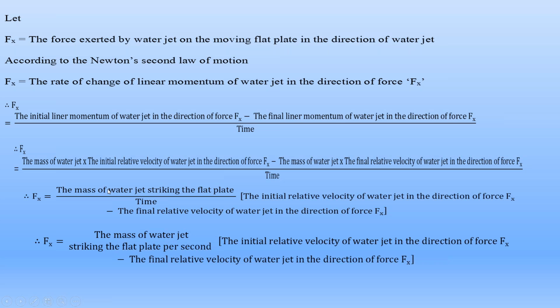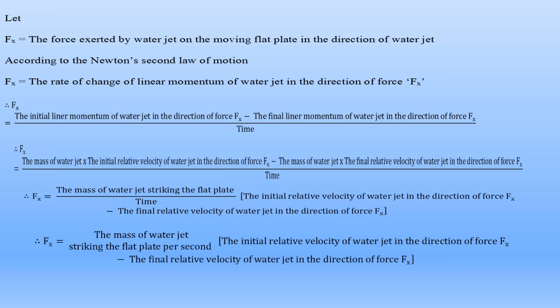Now coming to the first term, the mass of water jet striking the vertical flat plate divided by time is equal to the mass of water jet striking the moving vertical flat plate per second. Mass by time, so it is per second, into the initial relative velocity of the water jet.